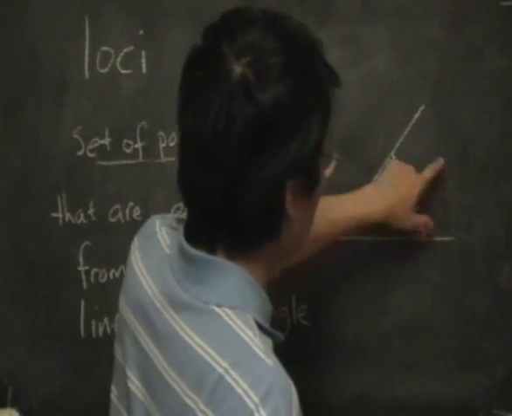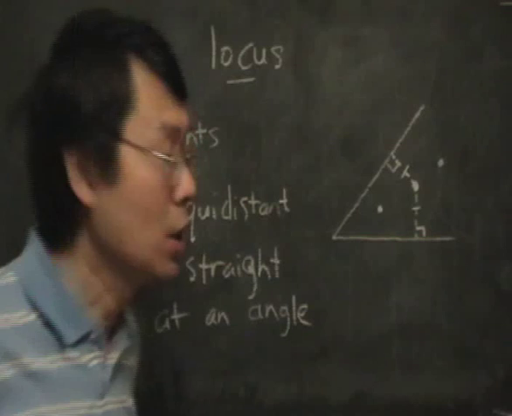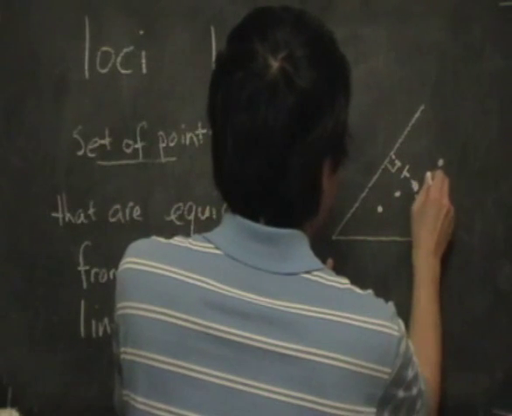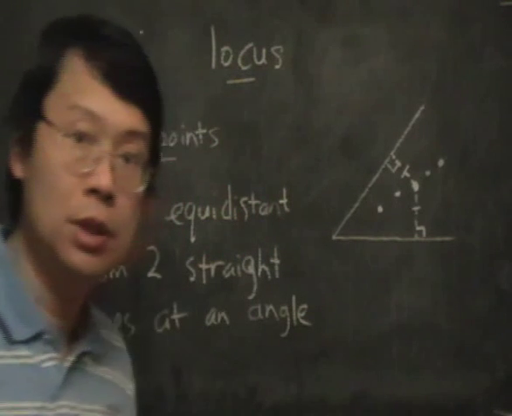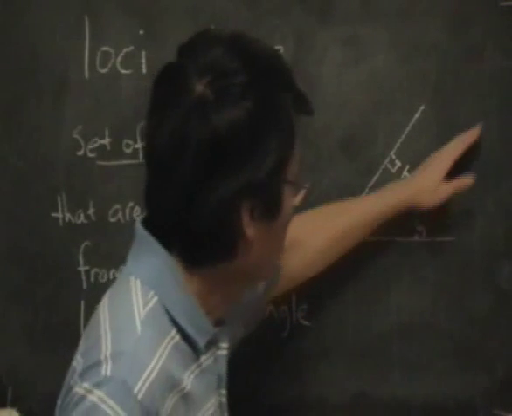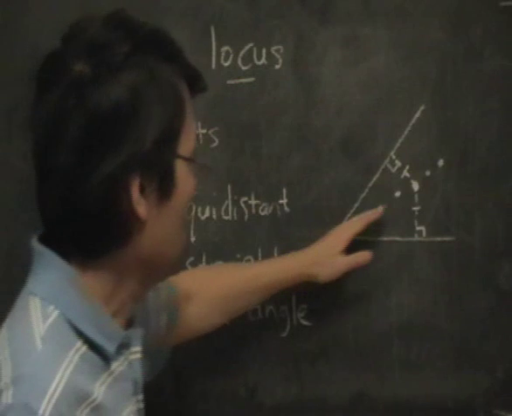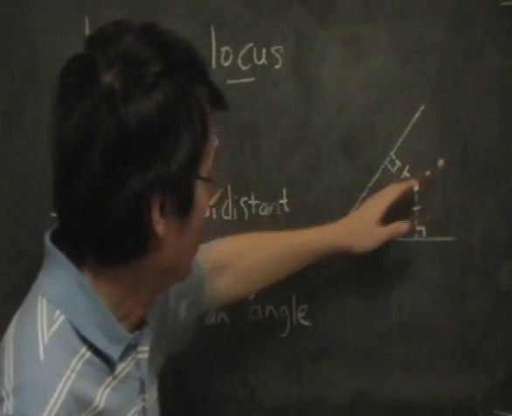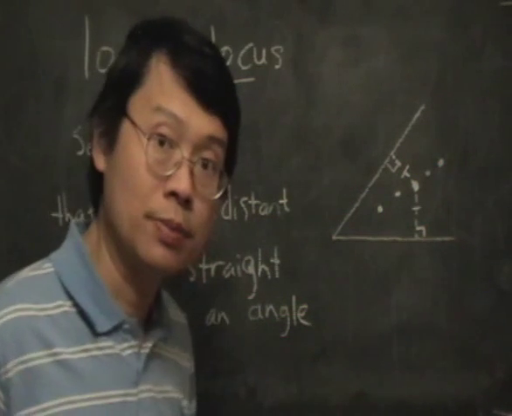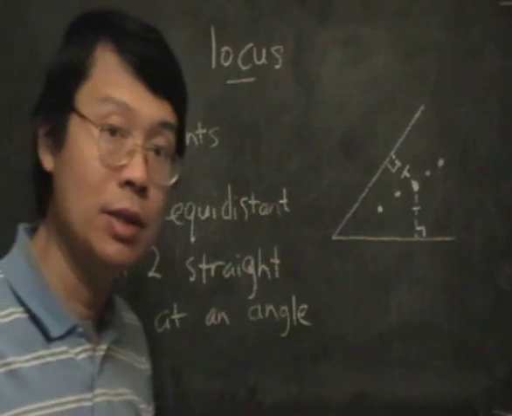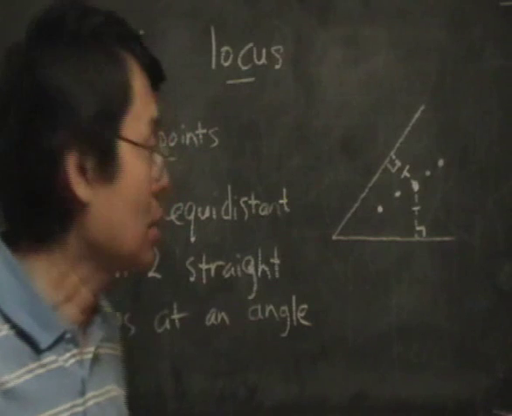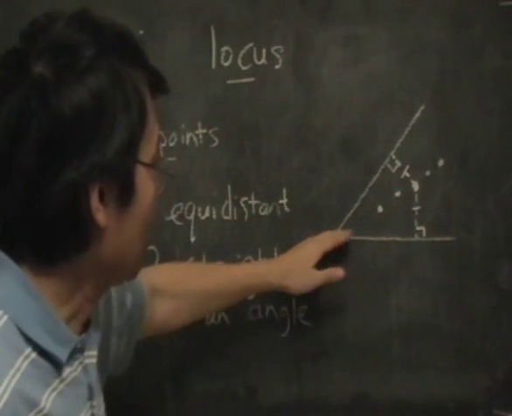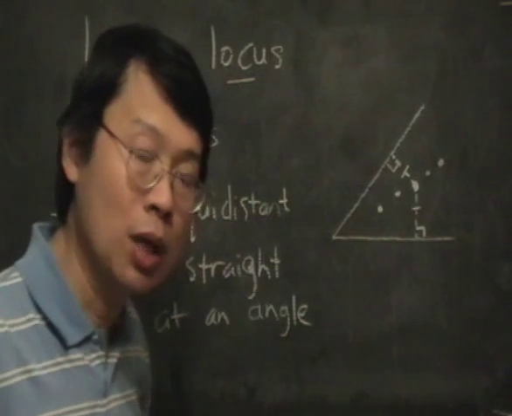Alright, that has to be the same distance from the two lines, or it can be there or there. And you can already see that it is probably a straight line that cuts this angle. And in fact, it is the angular bisector. Alright, this straight line will cut the angle into two equal halves.